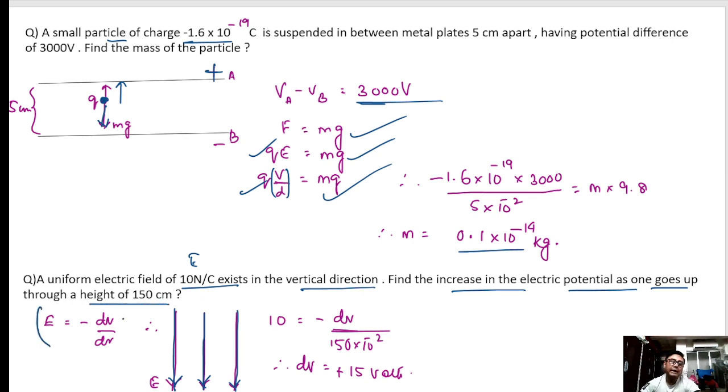We know that the direction of the electric field is in the direction of the decreasing potential. That is why minus is coming. So 10 volt, the distance is given. So this is the increasing potential.